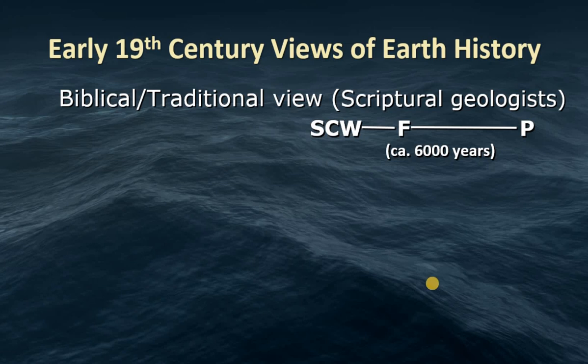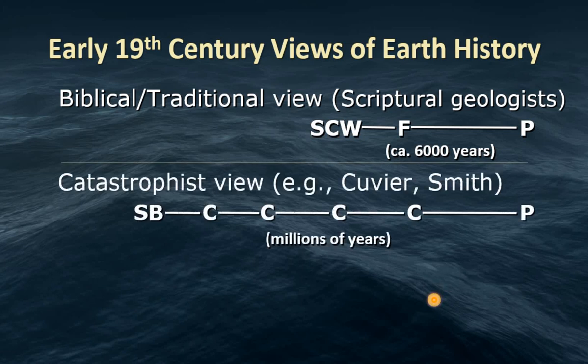This view was then replaced by what was called the catastrophist view, and there were two influential men, Cuvier and Smith. They're Frenchman and Englishman, respectively. They believed in a supernatural beginning.